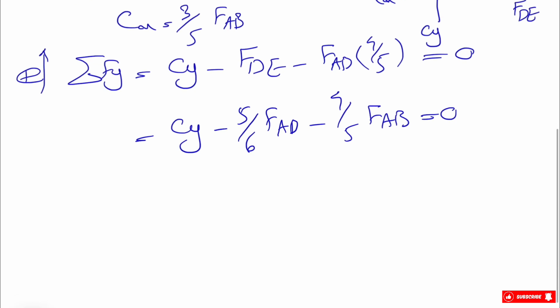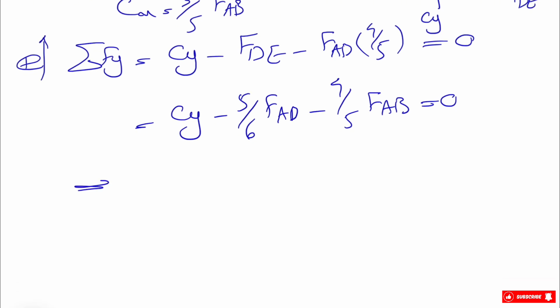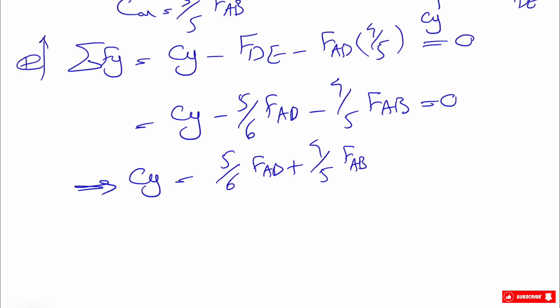If we rearrange, we can conclude that CY is equal to 5/6 FAB plus 4/5 FAB. We can factor out FAB and use 30 in the denominator, so this will be 25, and for the second one, multiplying by 6 on top and bottom, 24, FAB.